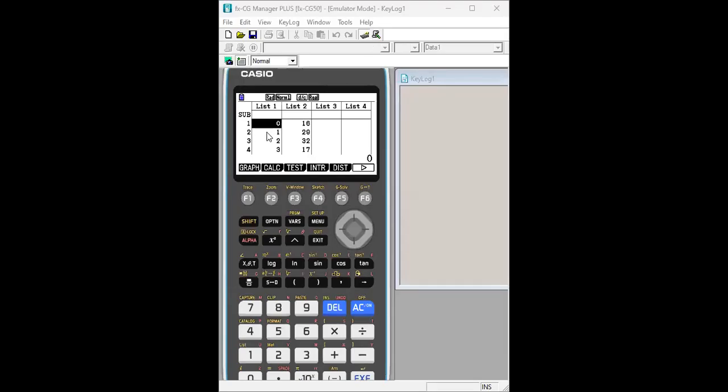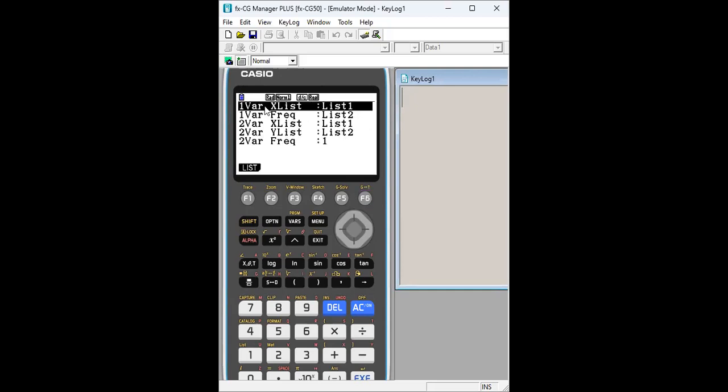So you will open the stat part in your calculator. In list 1, you will write the variables, I mean the subject 0, 1, 2, 3. In list 2, you will write the frequency. This is for finding a mean. Before finding the mean, you just check the setting: one variable list 1, one variable frequency list 2.